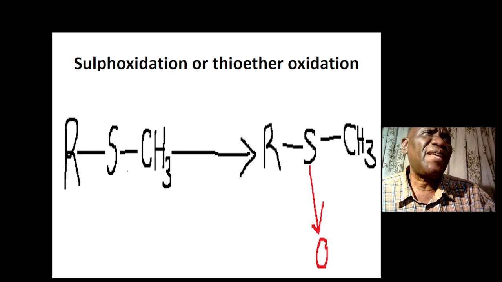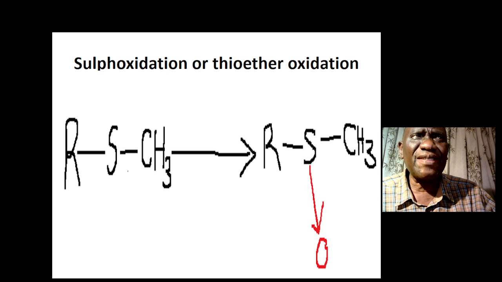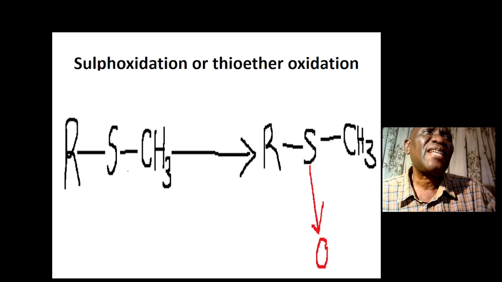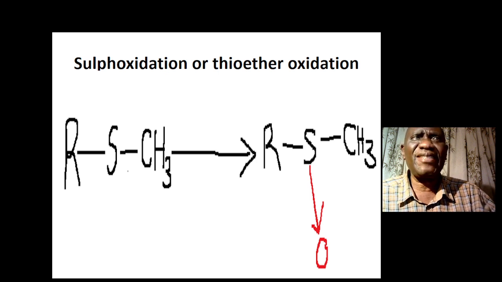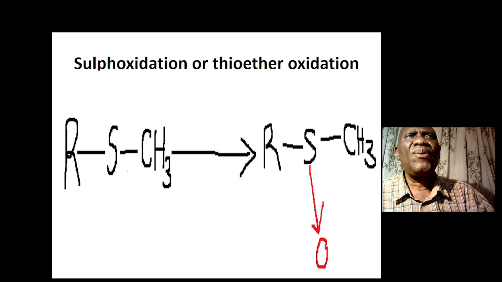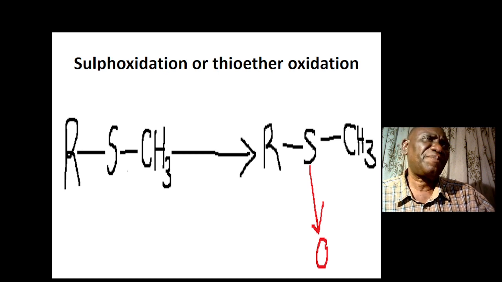If you have an S, sulfur, attached to CH3, or wherever you have sulfur in the system, suspect what is known as sulfoxidation or thioether oxidation, because the result is that cytochrome P450 will support the attachment of oxygen to the sulfur, and the pesticide loses its activity.